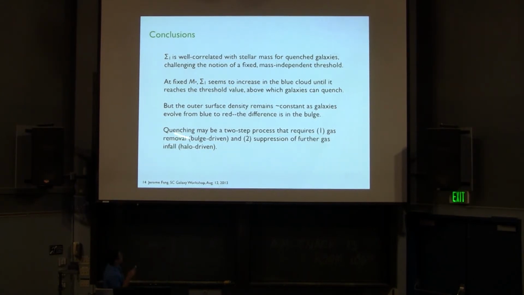When we look at the global stellar mass profiles, we see that the outer mass density remains roughly constant for galaxies of all colors, and that the genuine difference in mass distribution is within the bulge. And finally, quenching is most likely a two-step process which requires gas to be removed from the galaxy, something the bulge can do, and also suppressed. You need to suppress further gas accretion. This is something the halo can do. Okay, thank you very much.